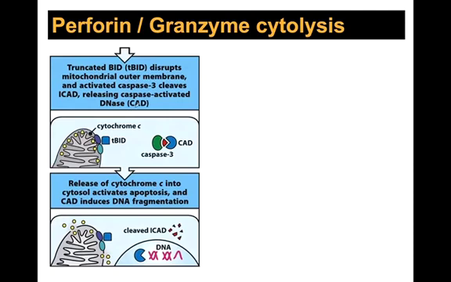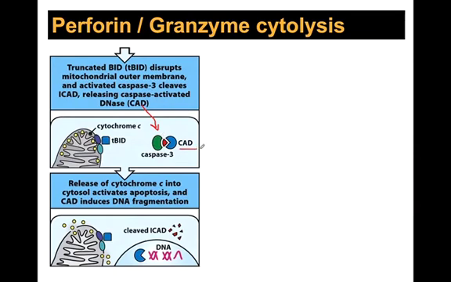So the two things that are happening are that you get activation of caspase 3. That leads to caspase 3 going on to cleave other proteins. The main thing it's doing is cutting ICAD, the inhibitor of caspase activated DNase, or CAD.